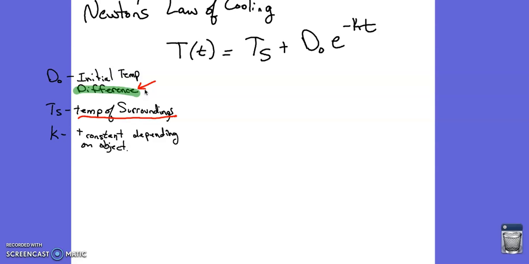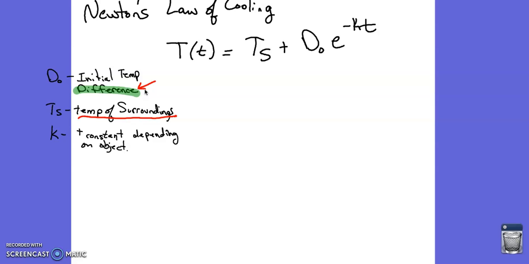Or the same with the turkey. Or with forensics, a body that's been dead for a certain amount of time. They can calculate how long it's been, based on the body temperature, to find the time of death.